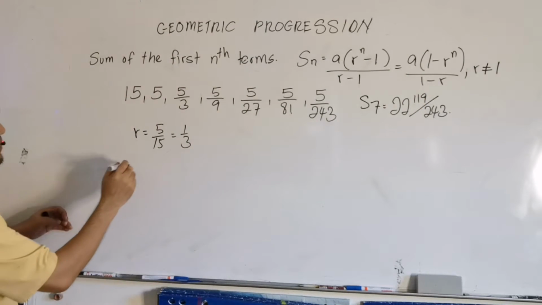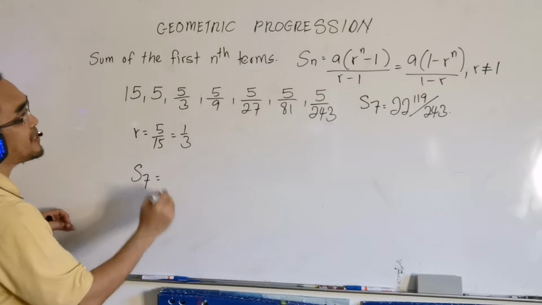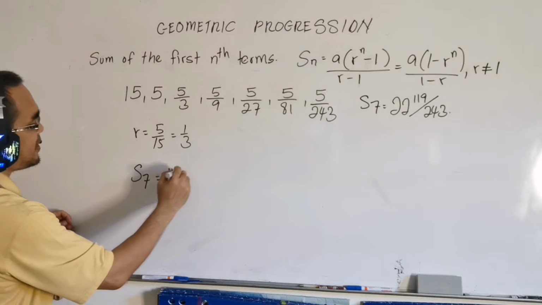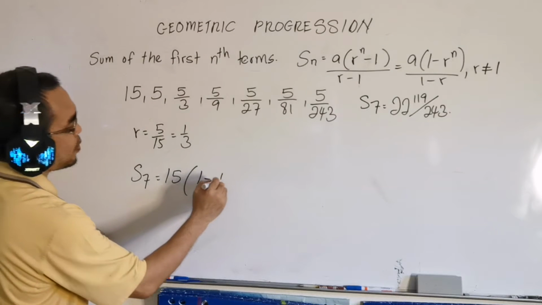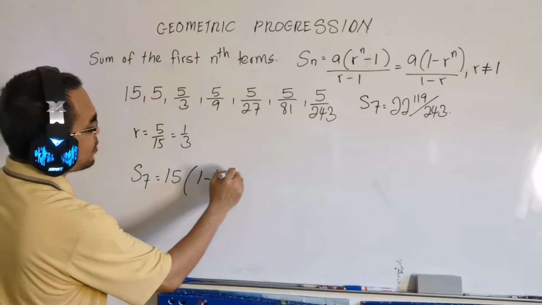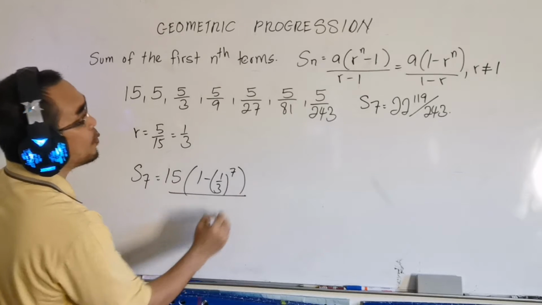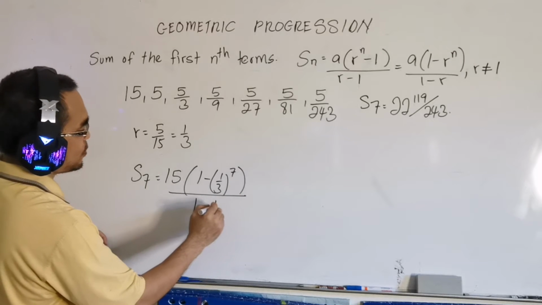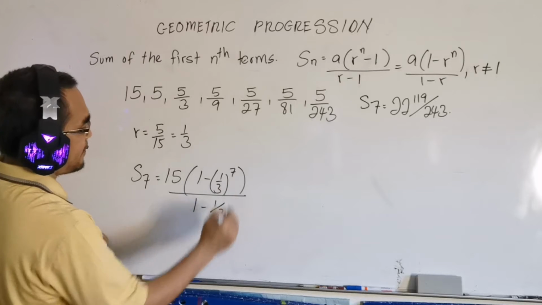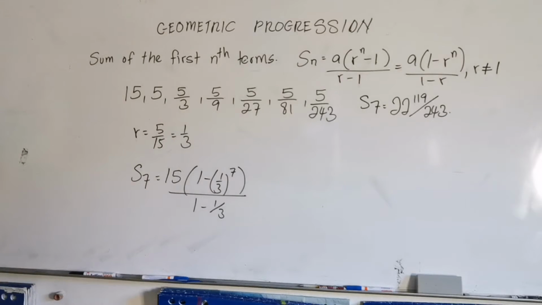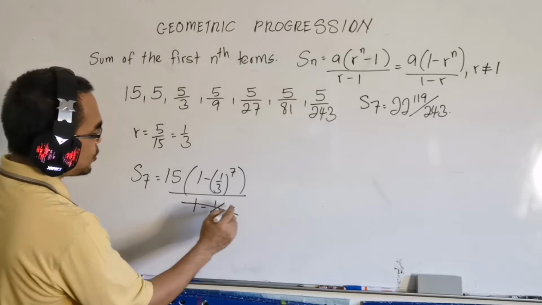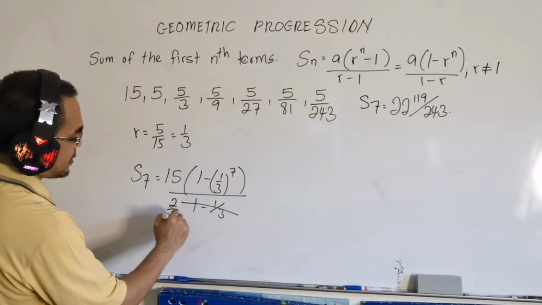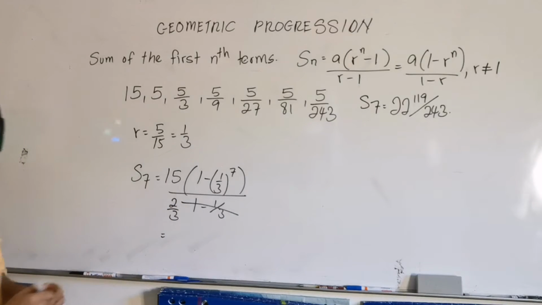So S7 is a is 15, times 1 minus 1/3 to the power of 7, over 1 minus 1/3. In order to simplify, I just simplify this part: 1 minus 1/3 will be 2/3.